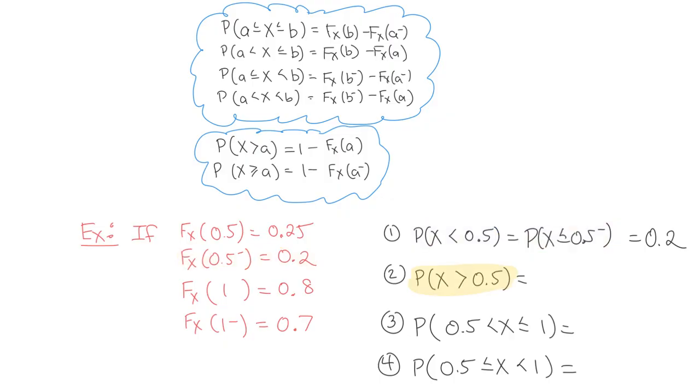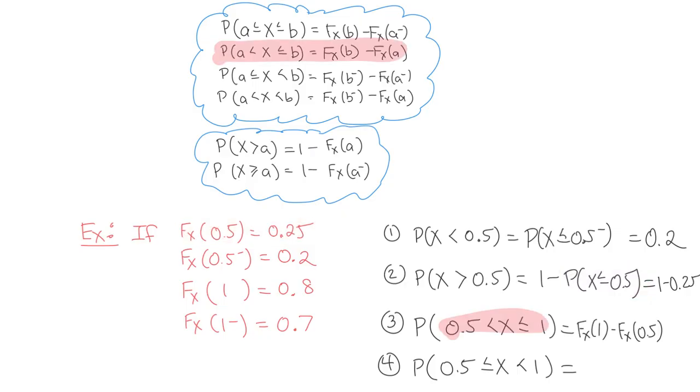On the other hand, if you're looking for x greater than a half, one of the formulas will be needed. In particular, the formula that says take 1 minus the CDF at that value, or 1 minus the probability x is less than or equal to a half. Plugging in from the known CDF, we get an answer that corresponds to 75%.